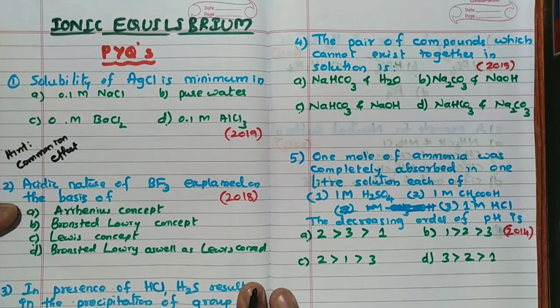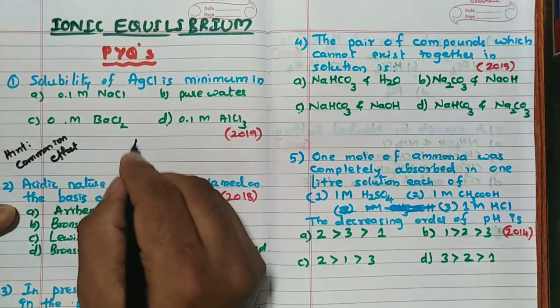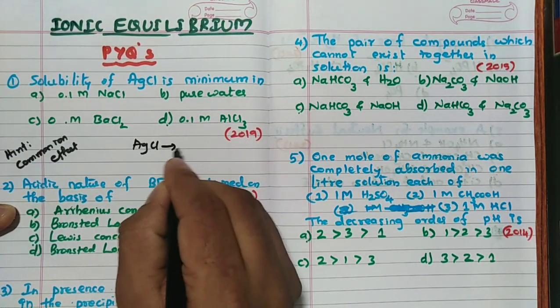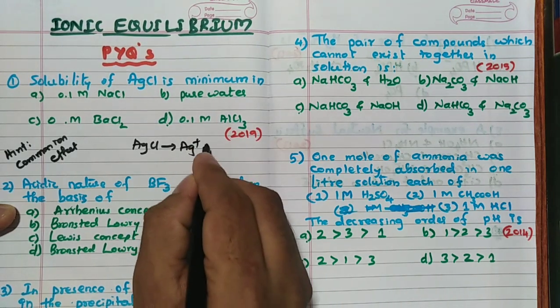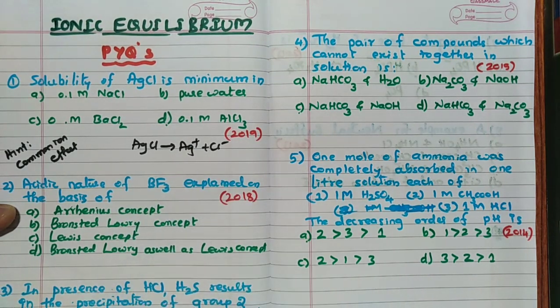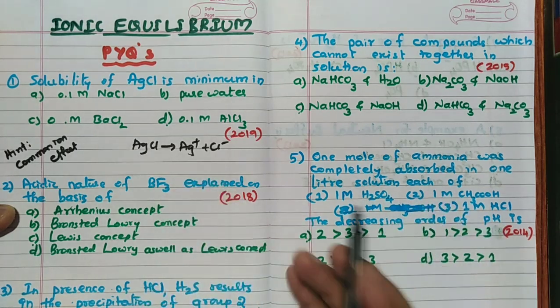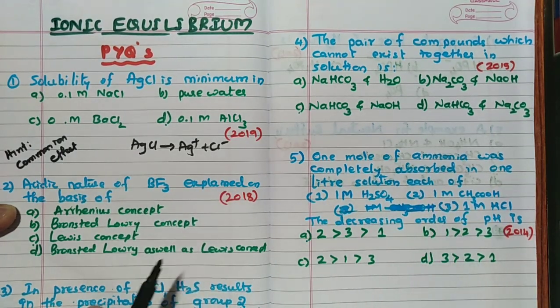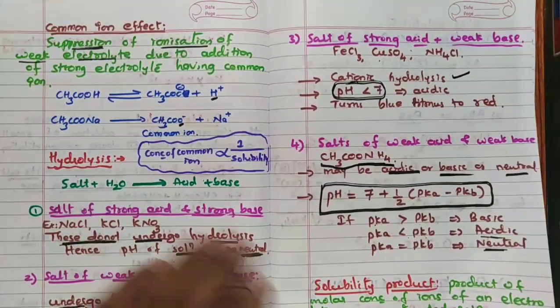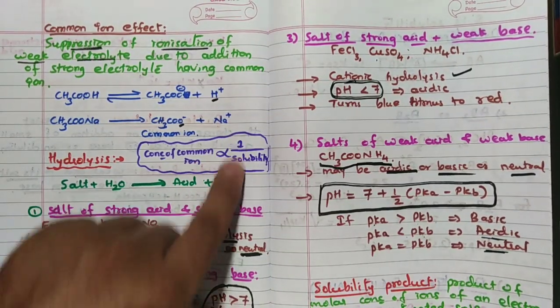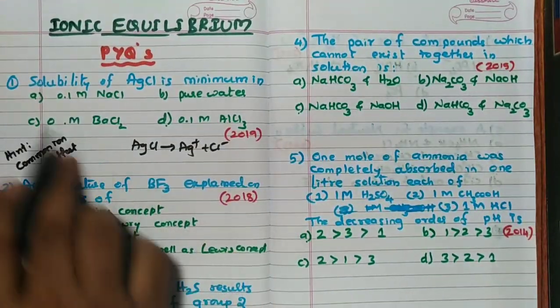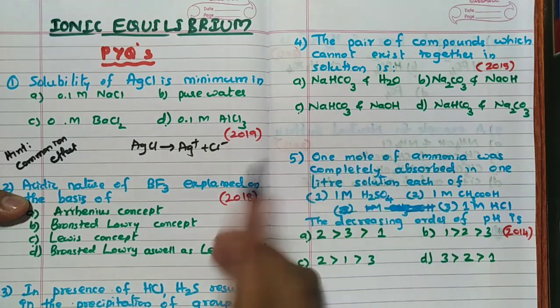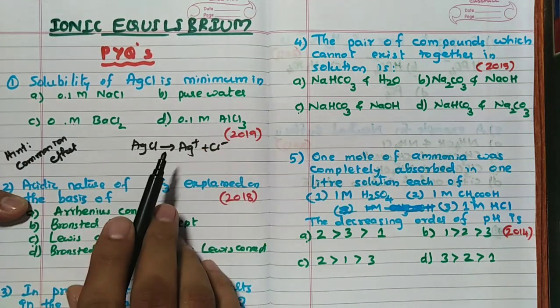Now according to common ion effect, AgCl gives rise to Ag plus and Cl minus. Now if the Cl minus concentration increases, then definitely solubility decreases, because here you can see concentration of the common ion is inversely proportional to solubility. Out of these, concentration is same, 0.1 M, water you cannot consider.